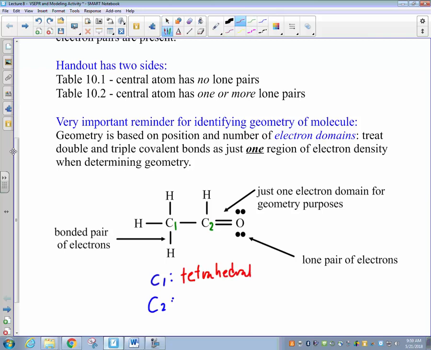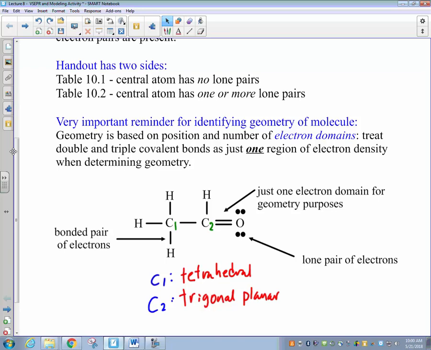Now considering carbon 2, it has 3 total electron domains, 2 of which contain single bonds and 1 of which contains a double bond. So around carbon 2, we would say that its geometry is trigonal planar, as a position on the molecule where we have a total of 3 domains, all of which contain bonded pairs.